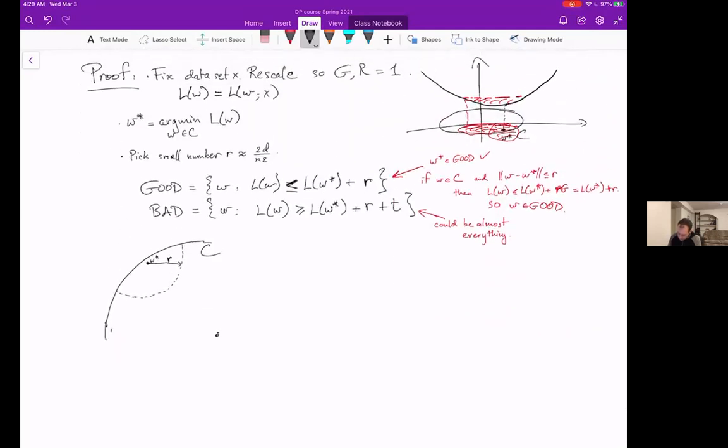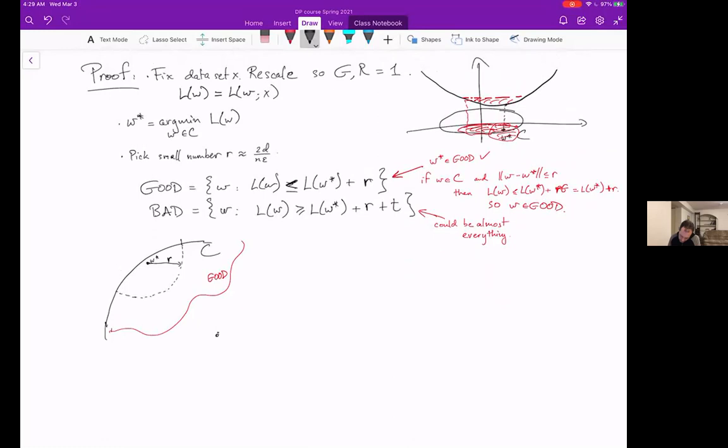Good itself is sort of some larger set. But what I want to argue is that this ball around W star contains a fair amount of mass.